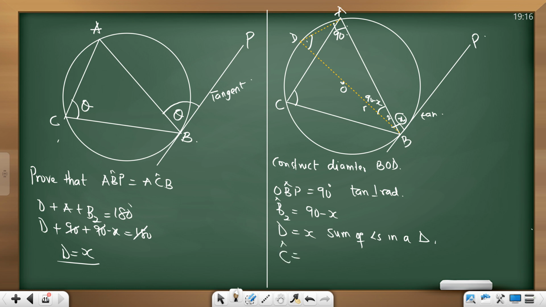Angle C, therefore, equals angle D, angles in the same segment. And I am done. That's the aim. I wanted to prove that those angles are equal.